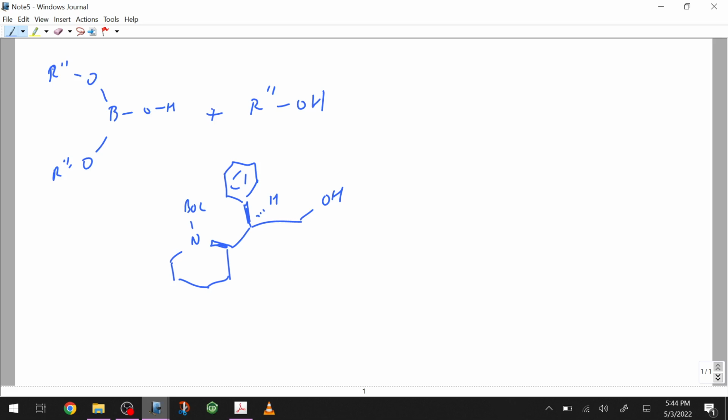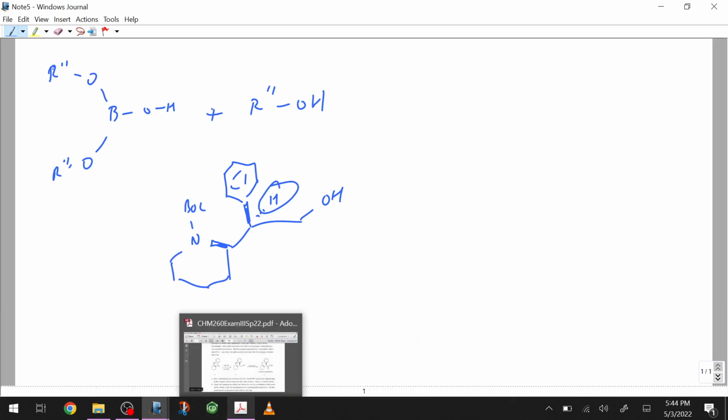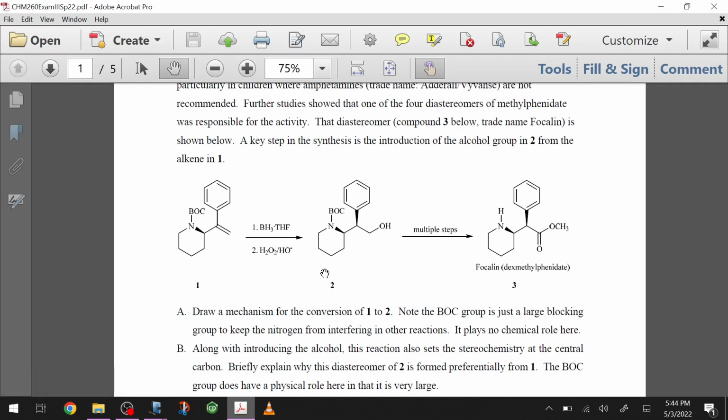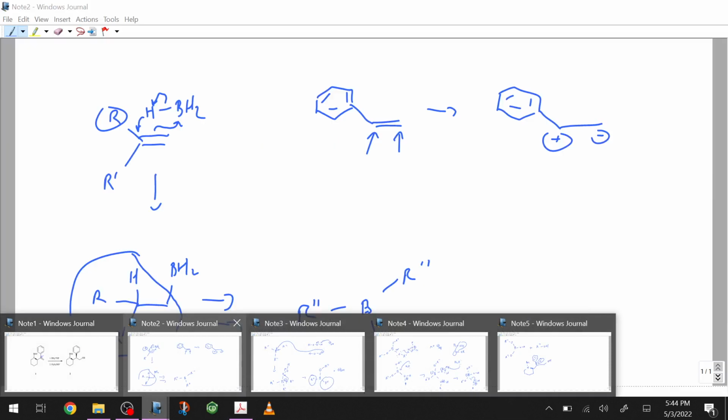Part B of the question is, how do I end up with this particular stereoisomer? So let's go back and look at the master structure here. Specifically, I ended up with the aromatic ring upwards from its original position. The attack of the hydride then had to be on the other face of what was the alkene.